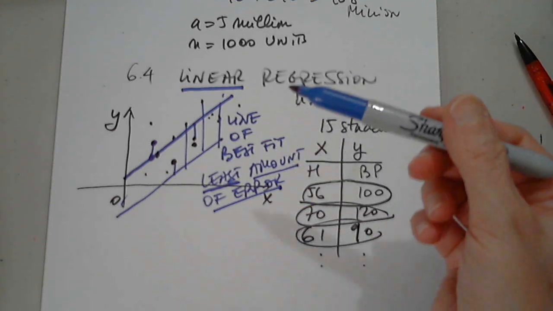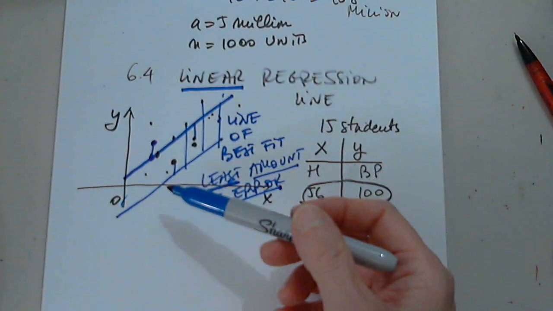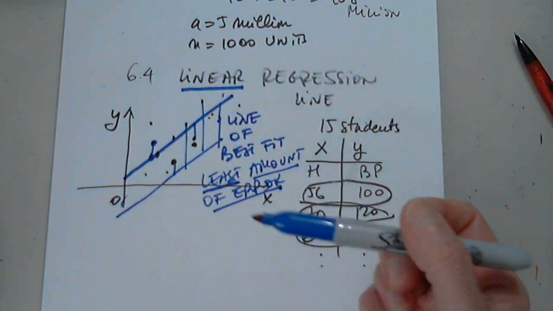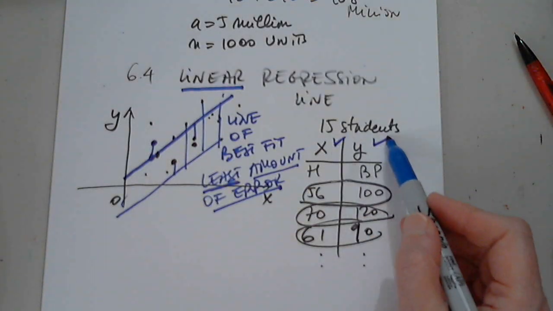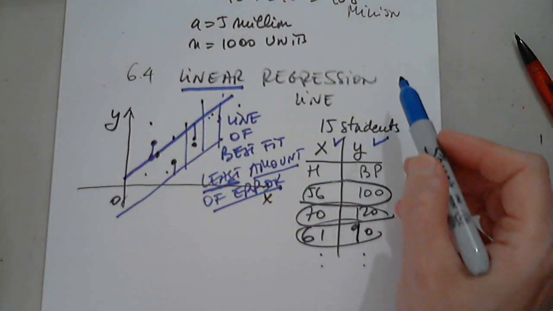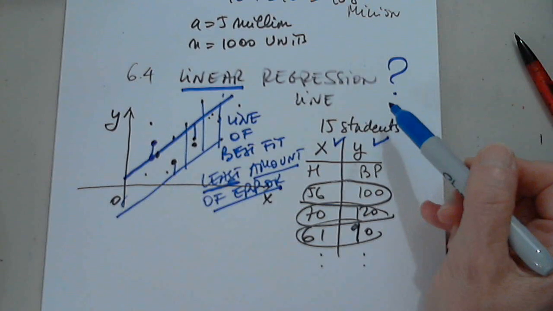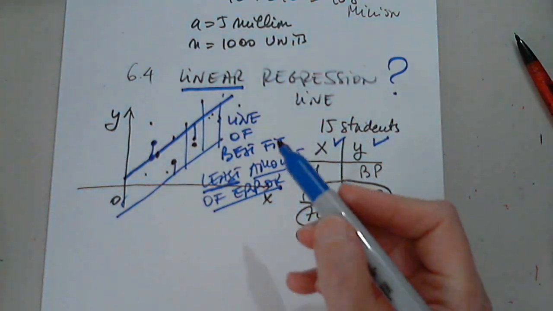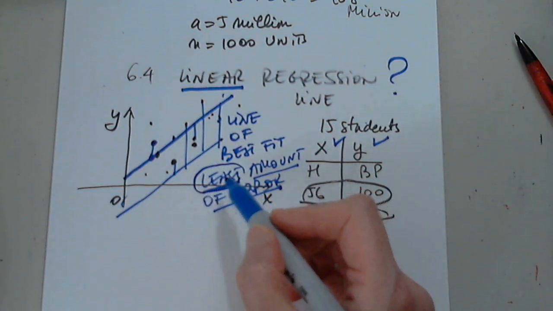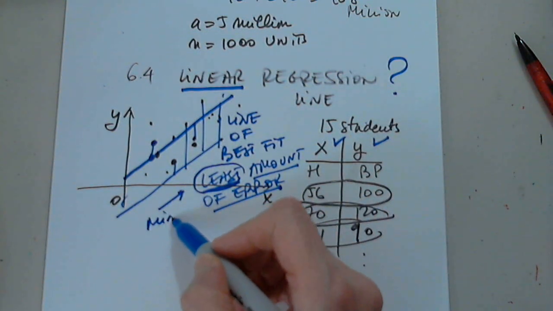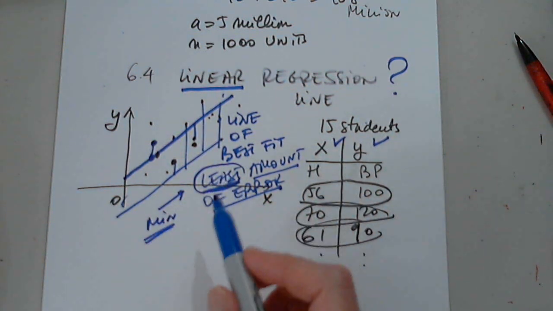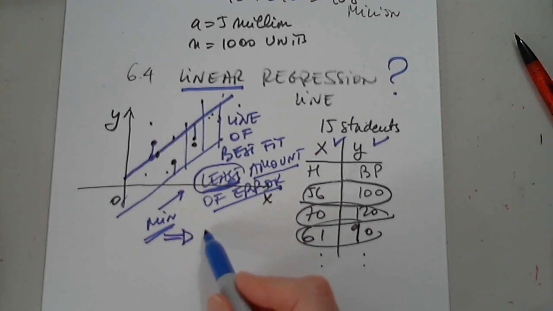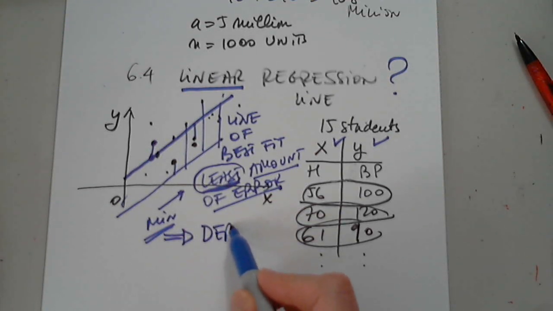Why is the linear regression discussed in this chapter? Number one, because it deals with 2 variables. Number 2, why at all? What is calculus here? Well, whenever we talk about max min, we want to find minimum. This is the first derivative, right?